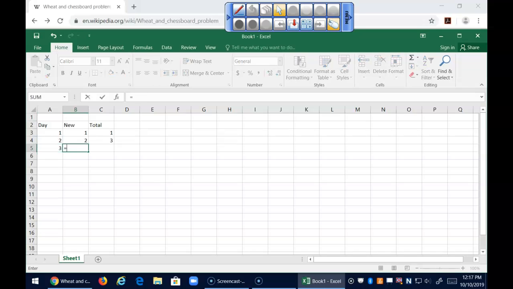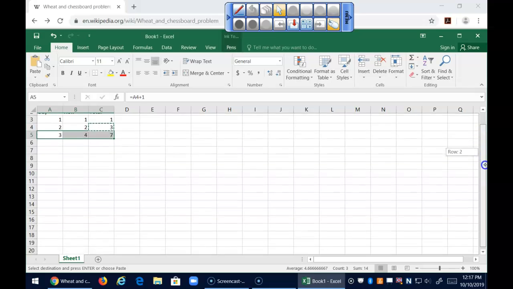How many are new? I'll go to this and times 2. It uses the star, because that's what we have on the keyboard. And then this one I'm just going to copy and paste. If I highlight all of them, do you see how in the bottom corner there's like this little small solid box? So I can grab that and drag it down.